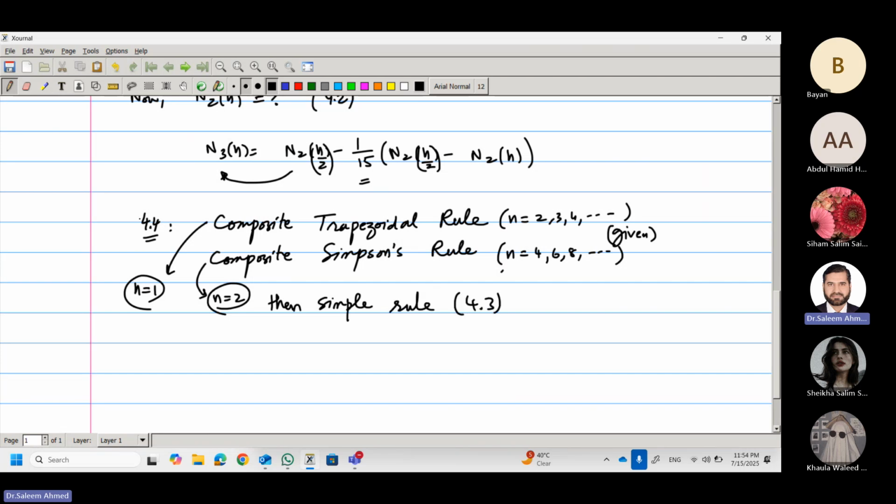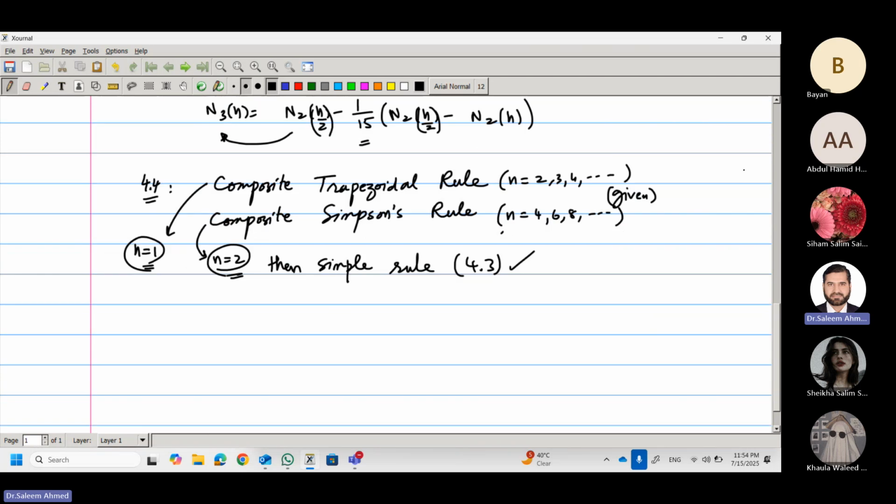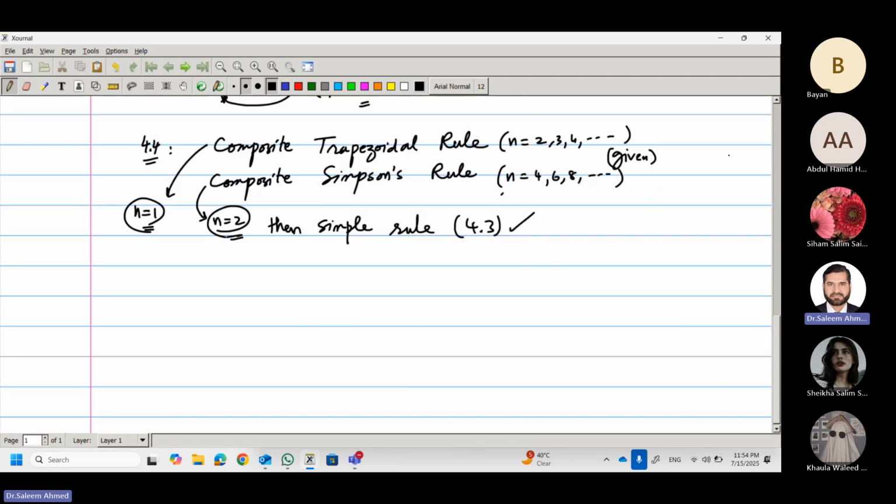So basically, if you know section 4.4, by just putting n equal to 1 in the trapezoidal rule and n equal to 2 in Simpson's rule, it becomes 4.3. So if you understand 4.4, 4.3 is nothing. So I will give you the formulas, but you have to do the partition on your own.